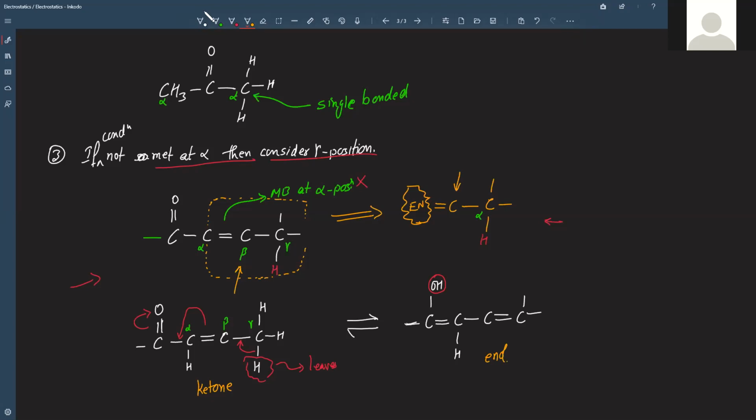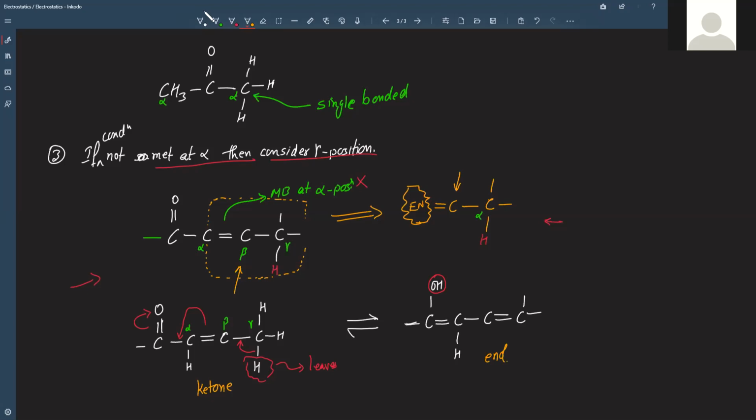And that hydrogen won't go there, obviously, because there is a double bond between alpha beta carbon as well as a double bond between C and O. So there are two options for this carbon to go. Plus there is resonance. If you draw the resonating structure, you will see that there is conjugation between these double bonds.